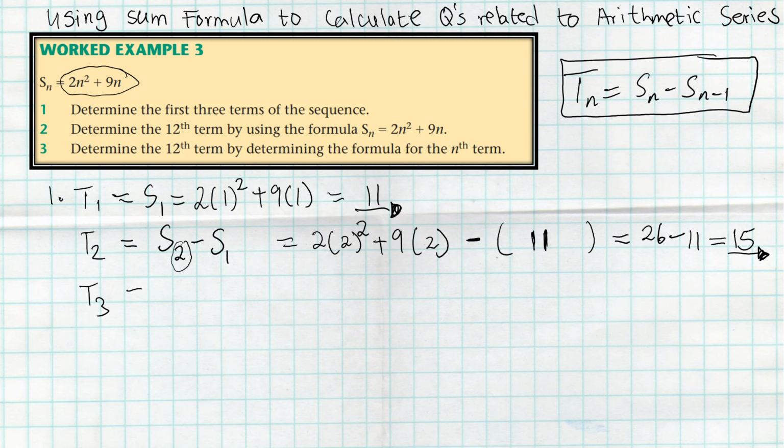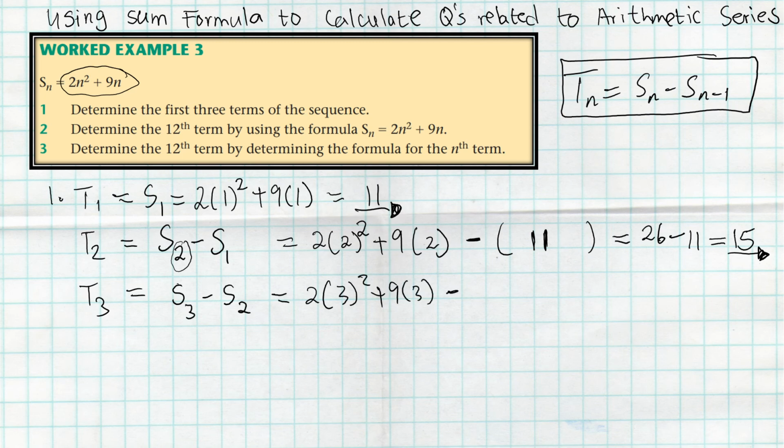Okay, let's go to term number 3. You have to know how to express this in terms of the sums. If you are given the sum formula, term number 3 is S3 minus S2. We have to calculate S3, so when there is n, we're going to replace by 3: 3 squared plus 9 into 3, minus S2.